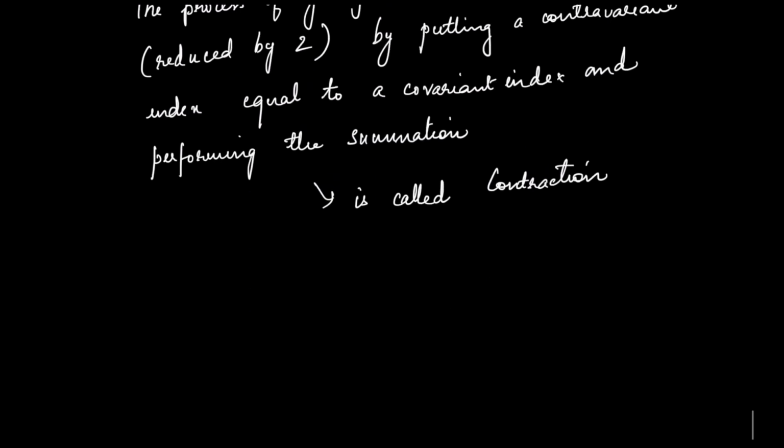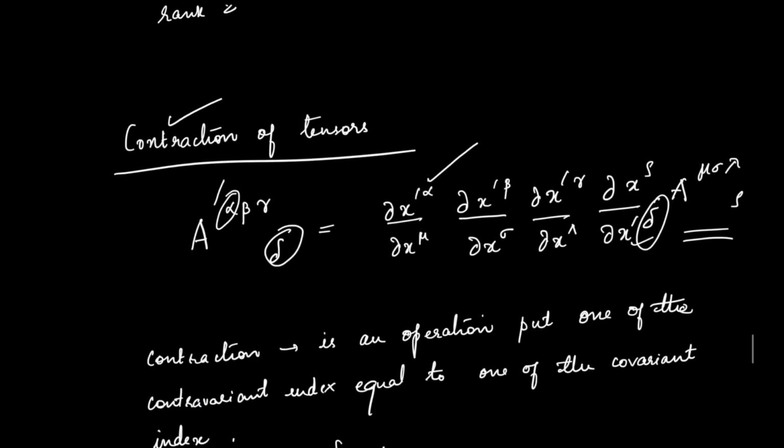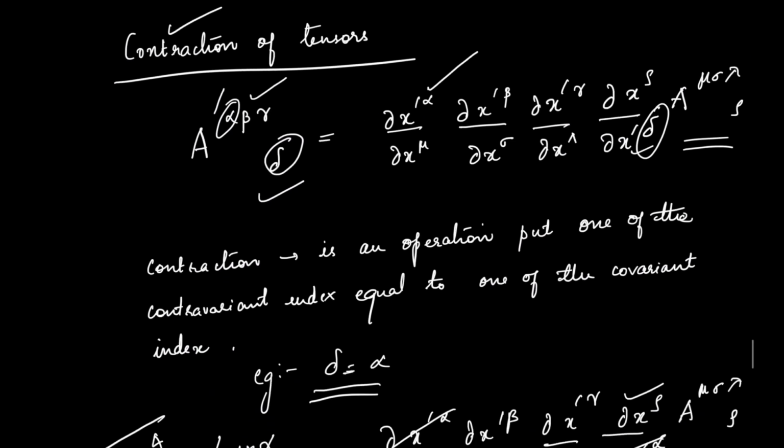Okay, so the tensor A alpha, beta, gamma, alpha, this is one contraction. I can also put beta equal to delta here. So you can put any one contravariant index equal to the covariant index. So instead of alpha equal to delta, I can also put beta equal to delta.